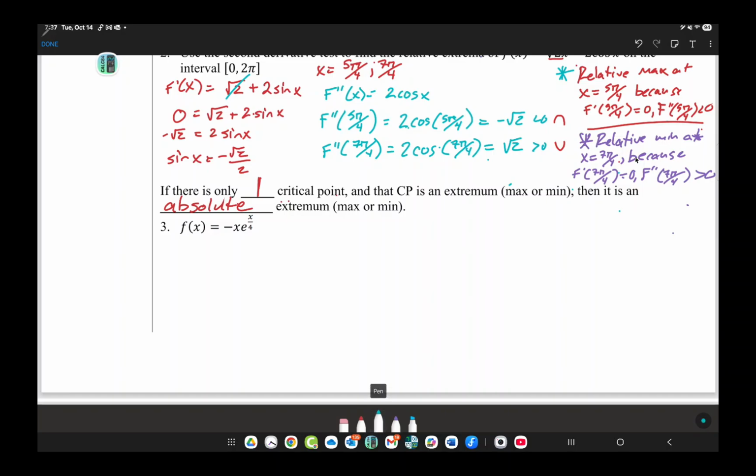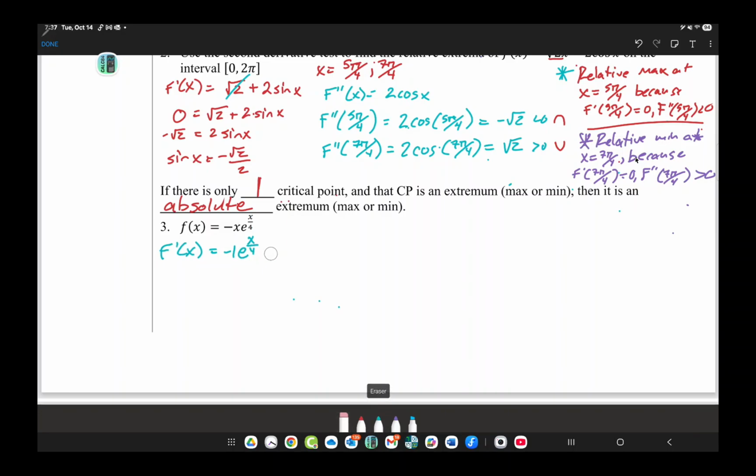So here we have a function. Oh, this is fun. What's the derivative of this? So this is product rule and chain rule. So the derivative of negative x is negative 1. So we get negative 1 e to the x over 4, plus, technically it's going to be a minus, because it is negative x.